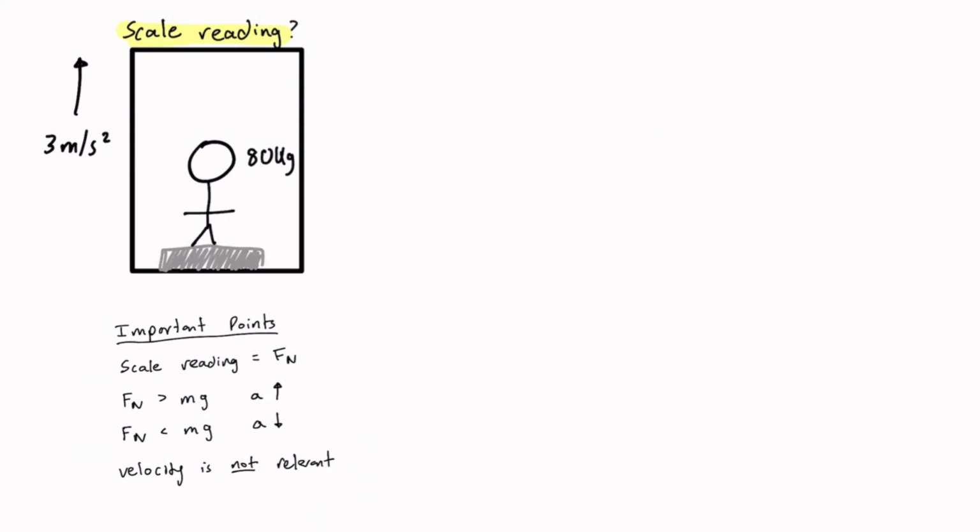We have an 80 kilogram person standing on a scale on an elevator that is accelerating upwards at 3 meters per second squared, and we're told to find the scale reading. Okay, we already know that our acceleration is in the upward direction, and we have defined it as positive. So let's start by writing our sum of the forces, which equals ma.